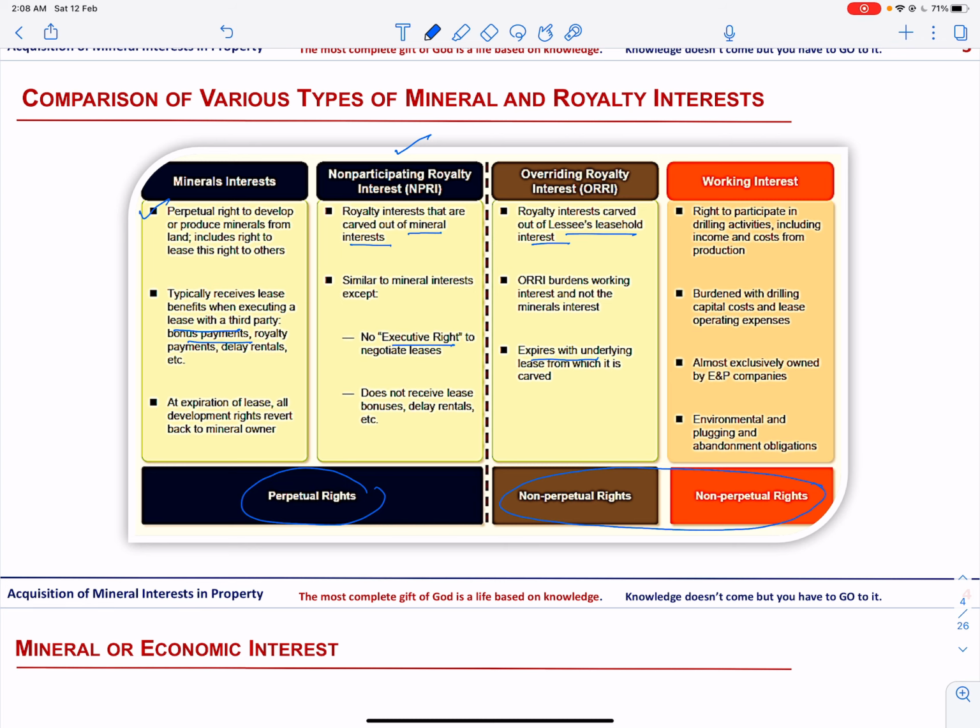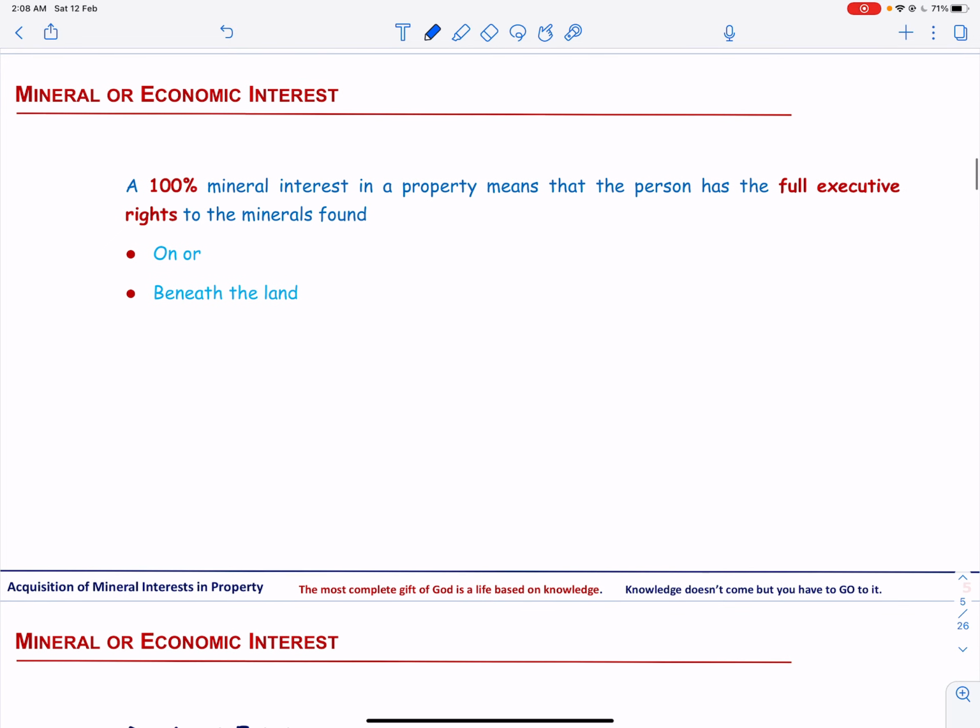Let us now talk about mineral and economic interest in more detail. How much an owner owns over the land and how much they are entitled to receive from the extraction or sale of the minerals below the surface is determined by the types of mineral interest. 100% mineral interest in a property means that the person has the full executive rights to the minerals found on or beneath the land.